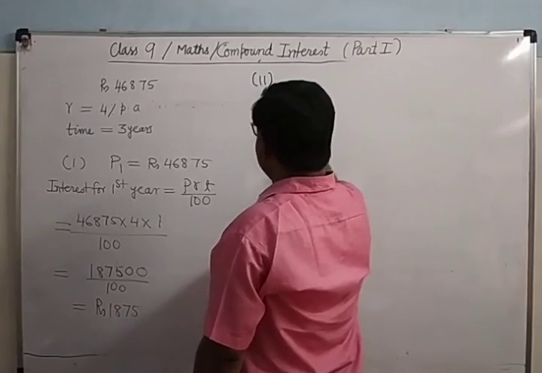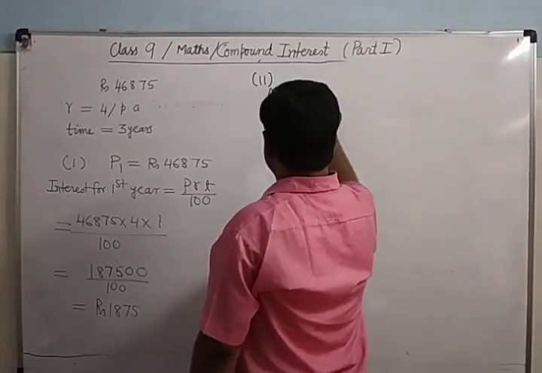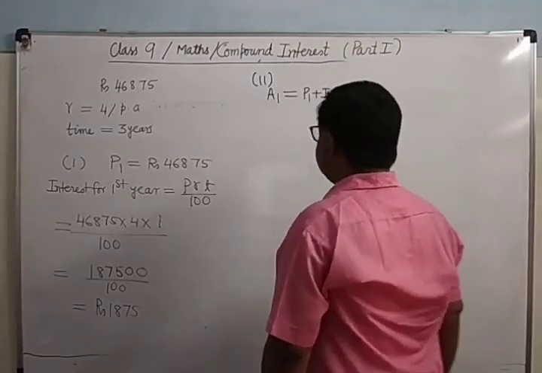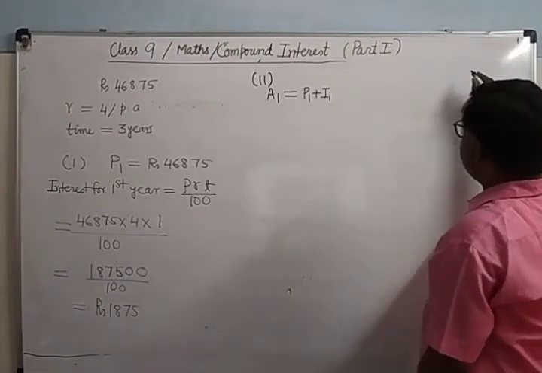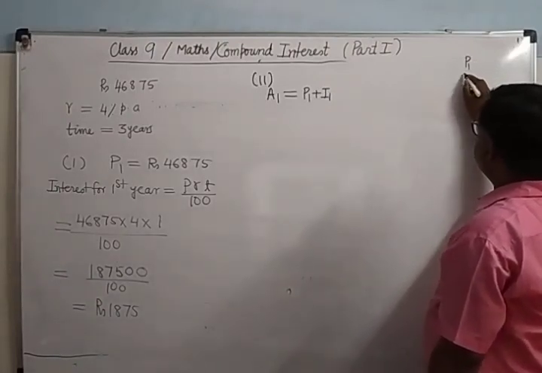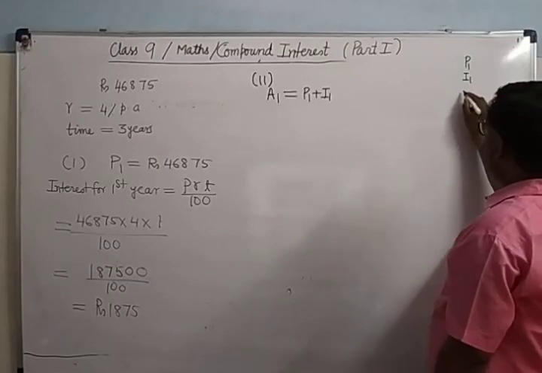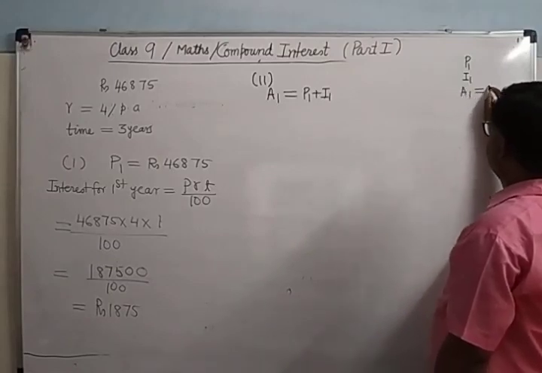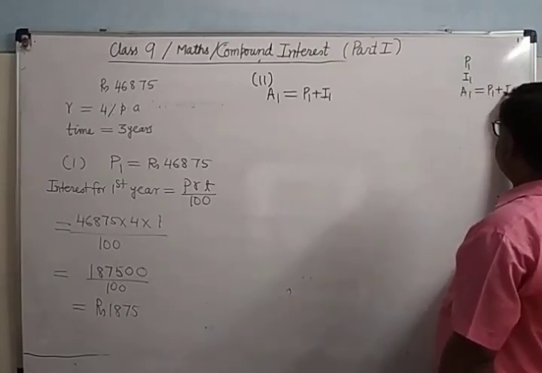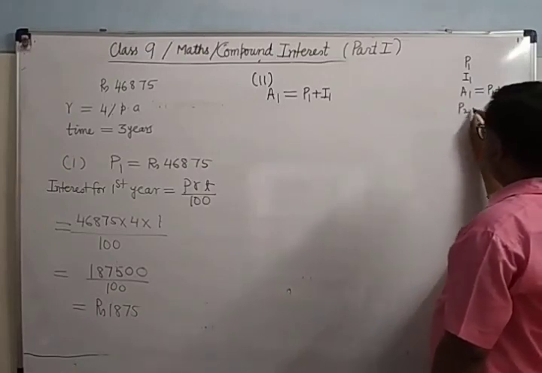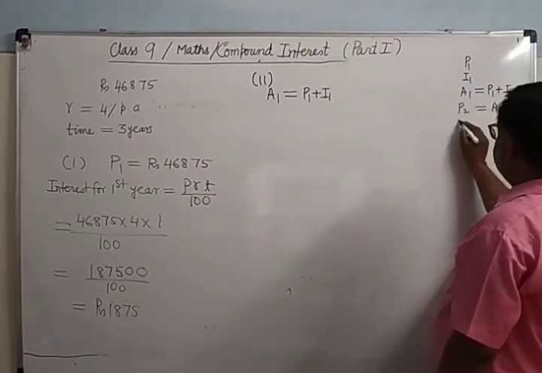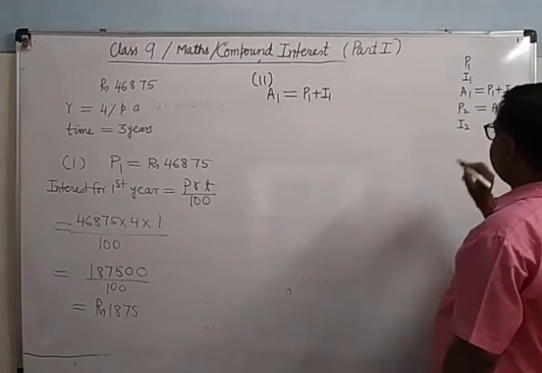So first you find out A1. What will be A1? A1 will be P1 plus I1. If you see the algorithm: P1, then calculate I1, add this, so you will get A1. Then P2 will be A1. Then you will calculate I2 on this.